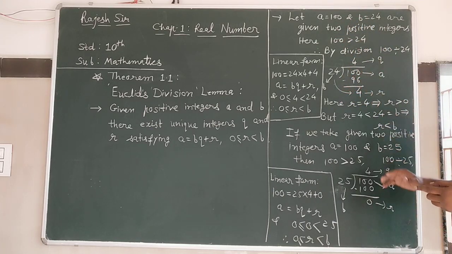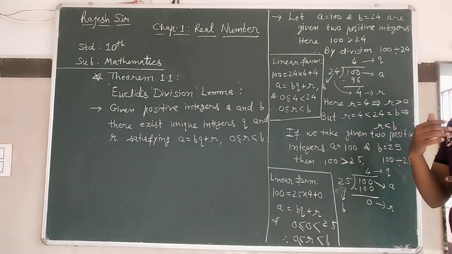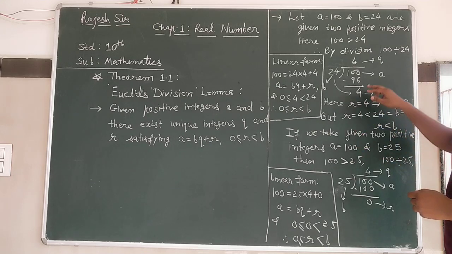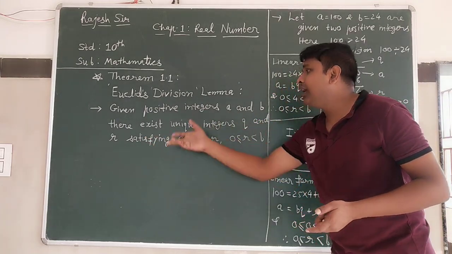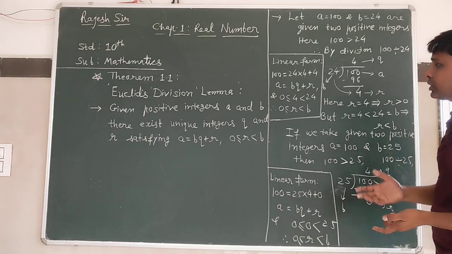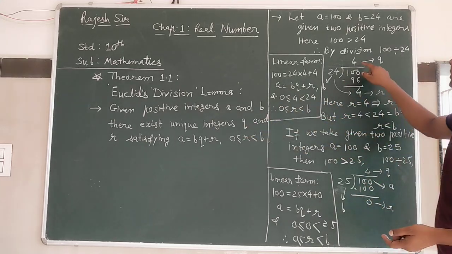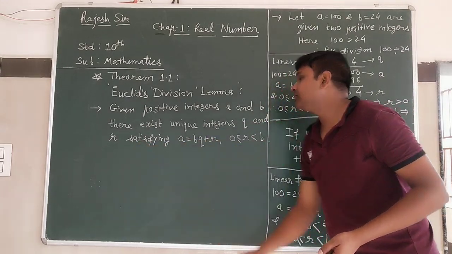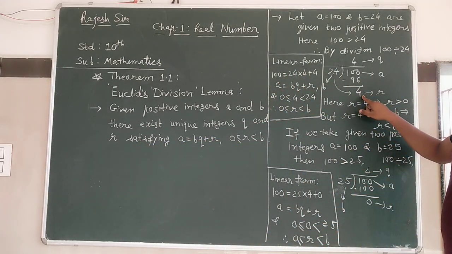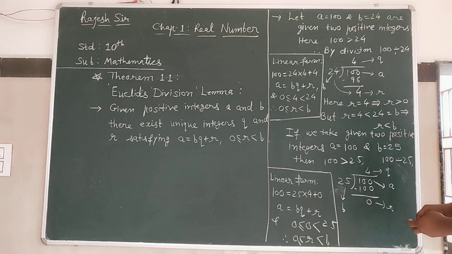Now by dividing we are getting two more integers: the quotient 4 and the remainder 4. So as it was stated, there exist unique integers q and r. Here q means quotient, 4 in this example, and r is the remainder, which is also 4.